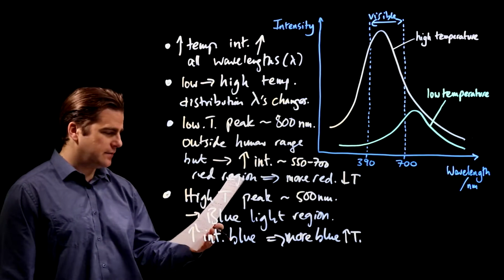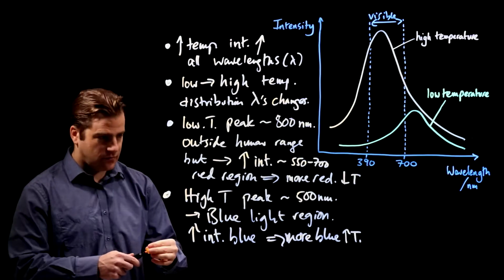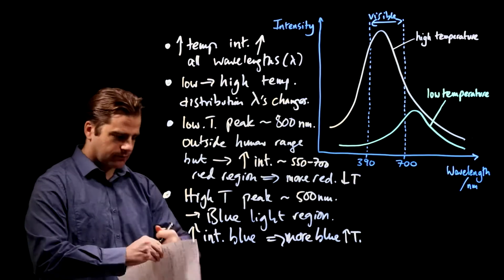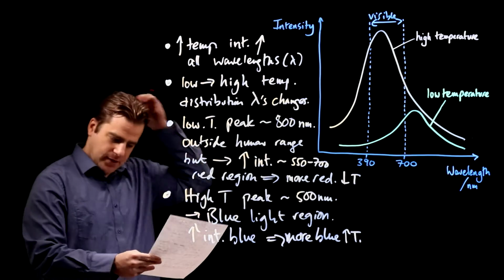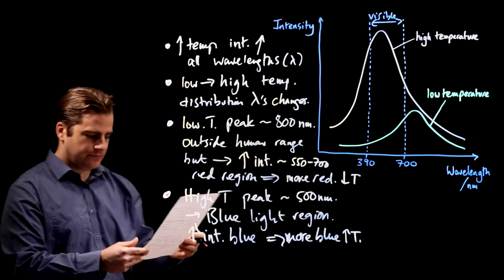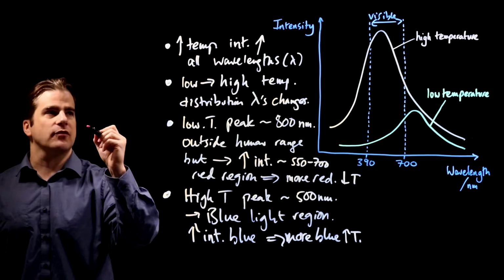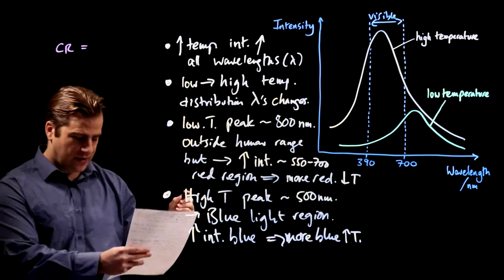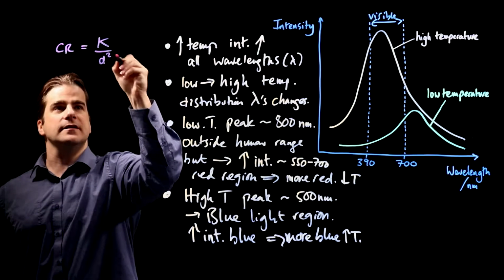Okay, good. Right, next question. Let's change colour. We have a Geiger-Müller tube. They tell us that the count rate, I'm just going to write it as CR, is K over D squared.